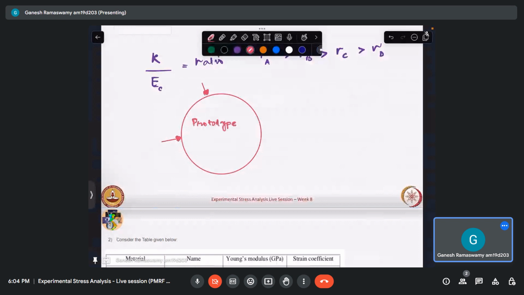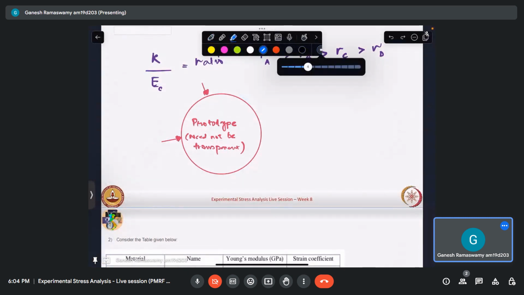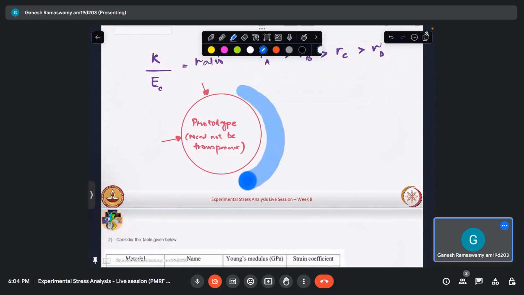So what we essentially do here is we take a coating material, we coat this with a material.